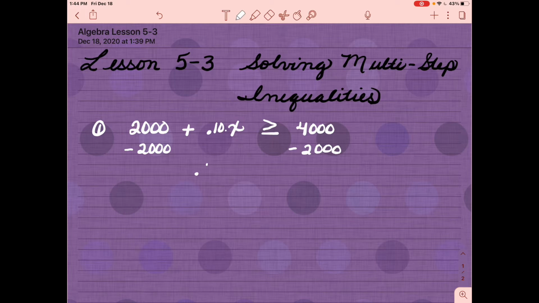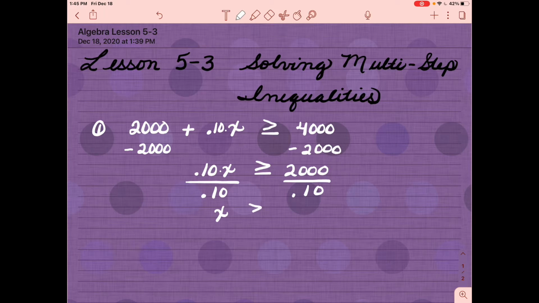Subtraction is fine. So we're going to go ahead and do that math. And I'm going to end up with 0.10x is greater than or equal to 2,000. And then now I have multiplication and I need to undo the multiplication. So I'm going to divide by 0.1 and 2,000 divided by 0.1 is going to be 20,000.